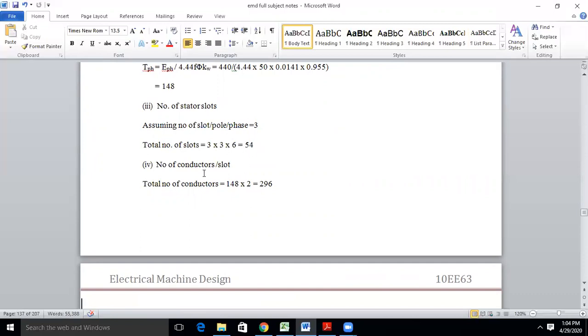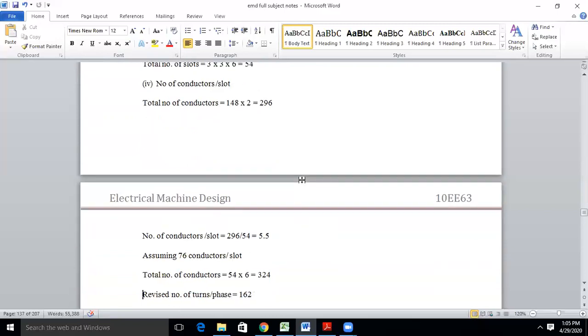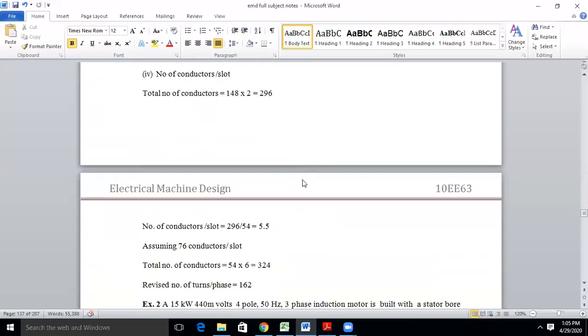Now the number of conductors per slot: we can get the total number of conductors as 148 into 2. So the number of conductors per slot is 296 divided by 54, which we got.